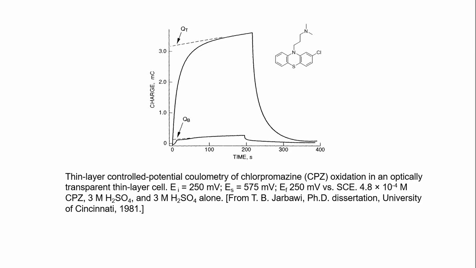And what we see is that a potential step is repeated in a supporting electrolyte, and that can be seen over here. And what we get over here are these important parameters.